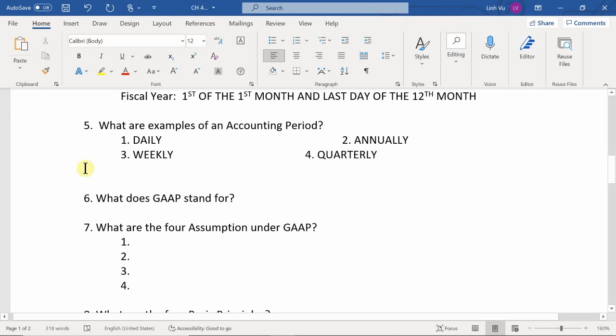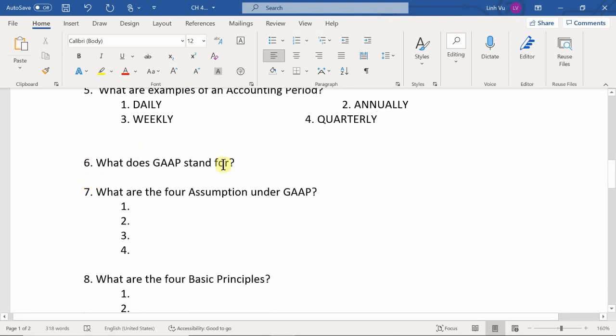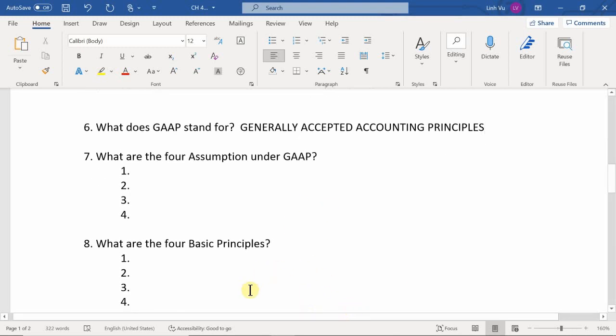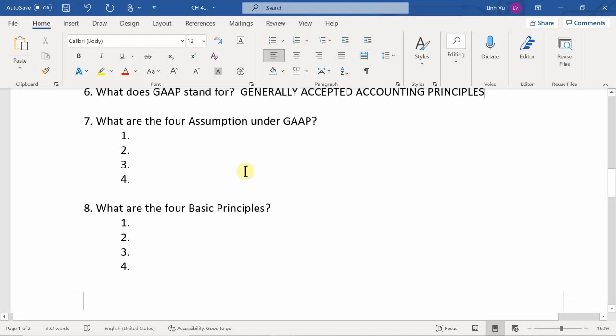Okay, what does GAAP stand for? Generally accepted accounting principles. Good. Number 7, what are the 4 assumptions under GAAP?